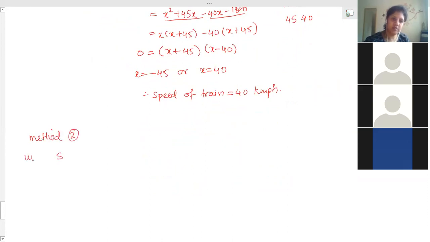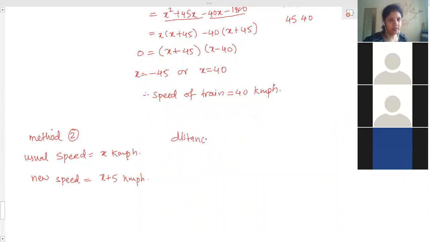Consider usual speed is equal to x kilometer per hour. What is the new speed now then? x plus 5, 5 kilometer per hour more. So it is x plus 5 kilometer per hour. The distance they have given in both the cases is 360. Distance is 360 kilometer. In the second case also 360 kilometer.